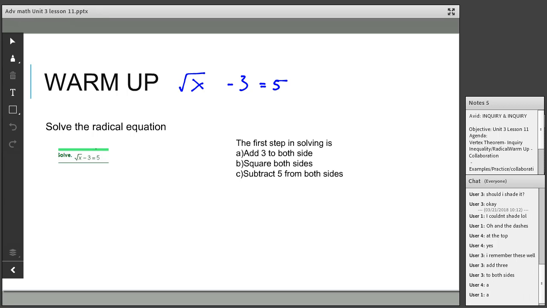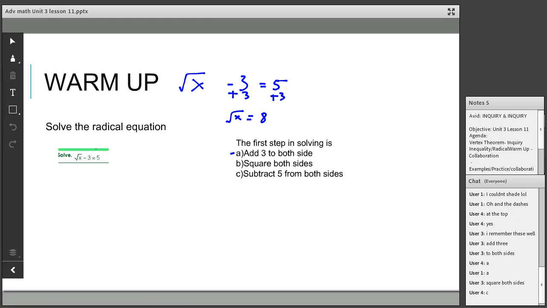Jillian and Shannon went for A, Bentley went for A. Okay, so why don't we go ahead and solve it? I'm going to add 3 to both sides. I get the square root of x is equal to 8. What do I do next? Square both sides.